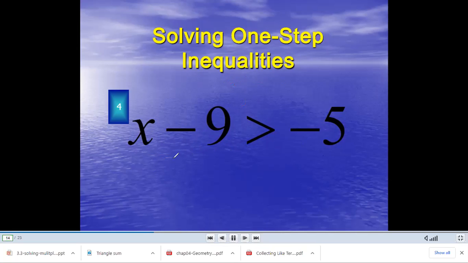I have negative 9, so I add positive 9 to both sides. Then the 9 and negative 9 cancel together, so I have x is more than negative 5 plus 9, which equals 4. On the number line, I have 4 as an open circle, and we stand on 4 and move to the right side.